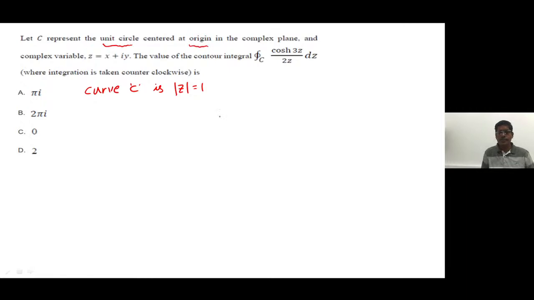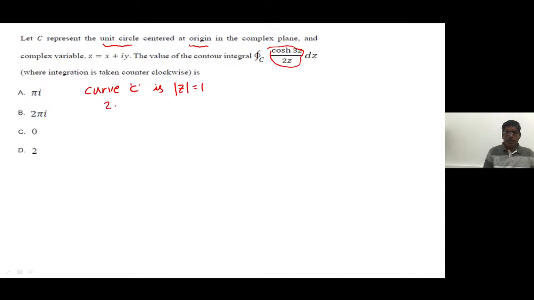You can underline. Now after that find the singular points. So this is your integrand, cos h3z divided by 2z. This is the integrand. For this we have to find singular points.